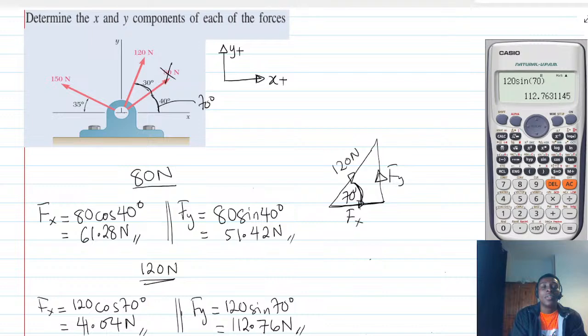Now, finally, we have 150 Newton here. Is that right?